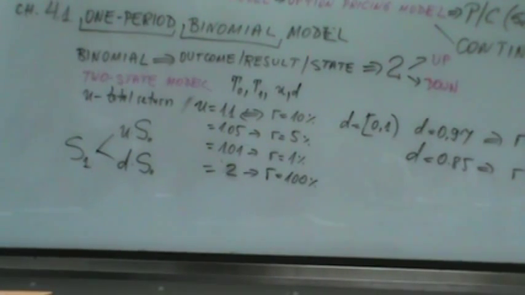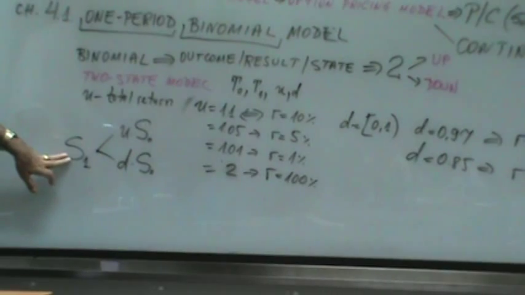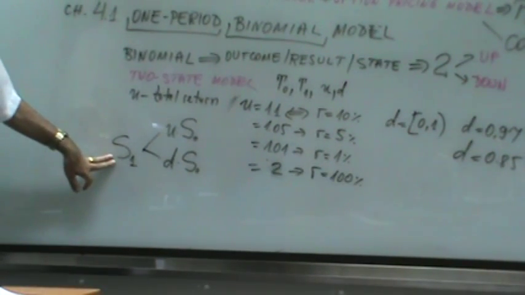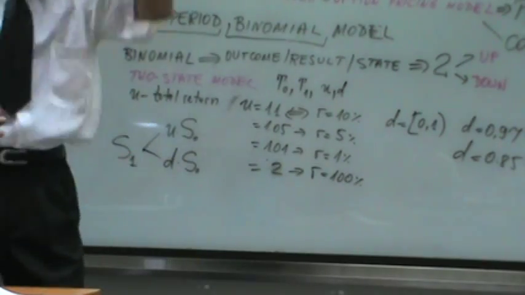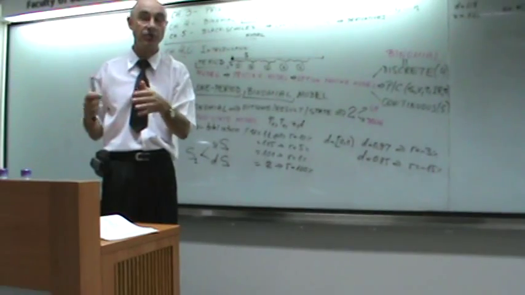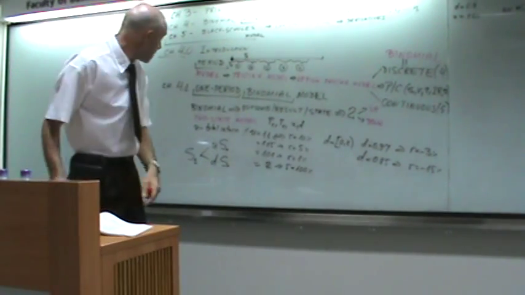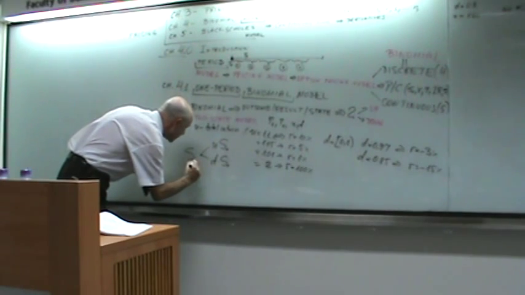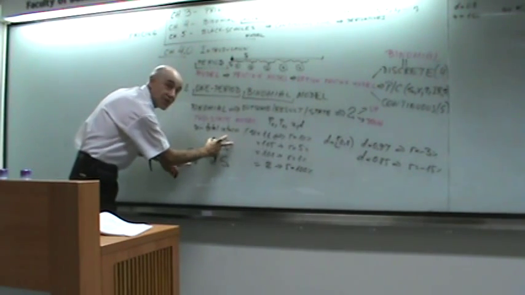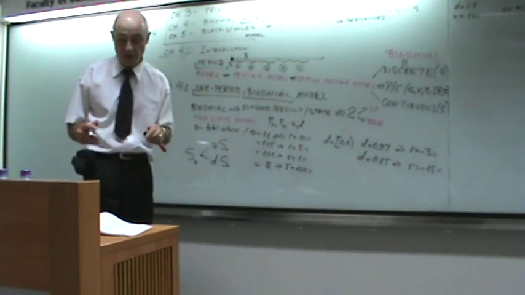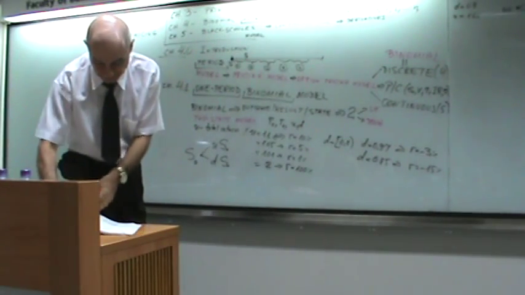Okay? On the up it's going to be U, on the down it's going to be D. So this is S0, and this is S1 on the up and S1 on the downside, similar to over there.